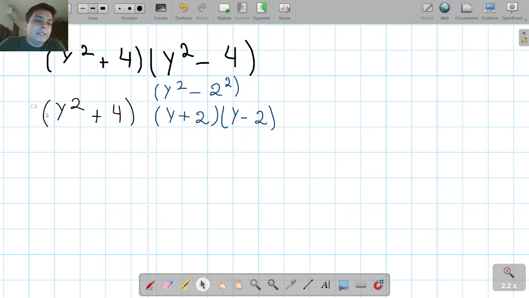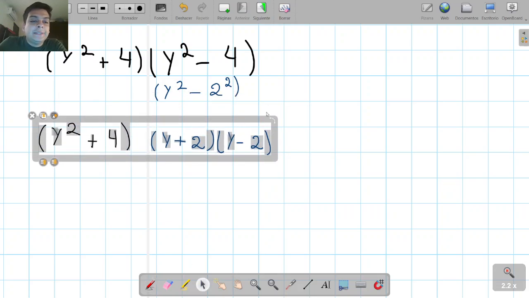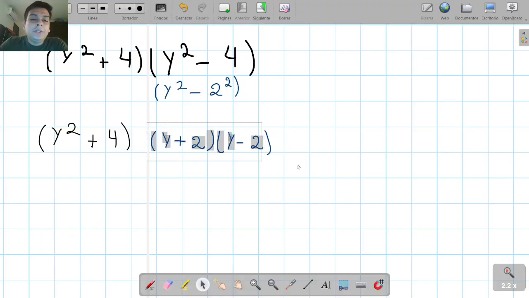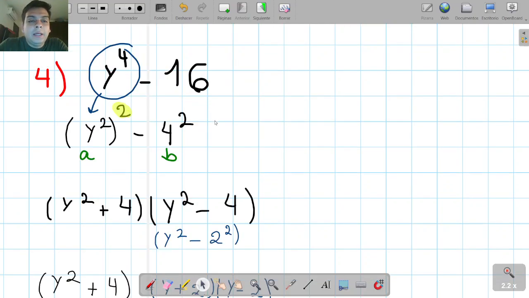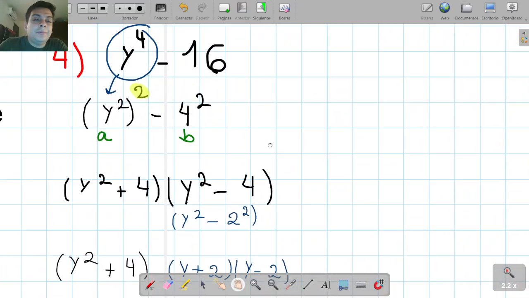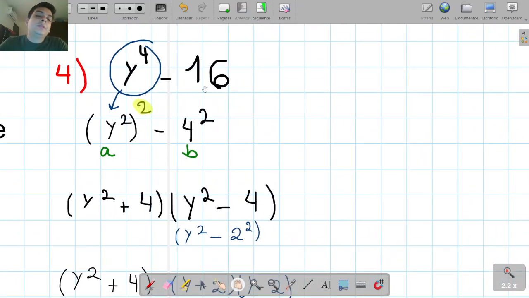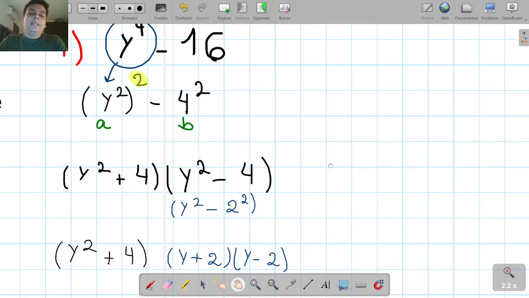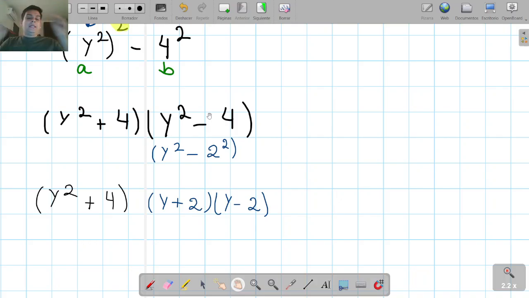Now you can see the whole answer is this. These blue factors came from here, and these 2 factors came from here, as you can see. It's like you split it into parts, and then this part you split again.